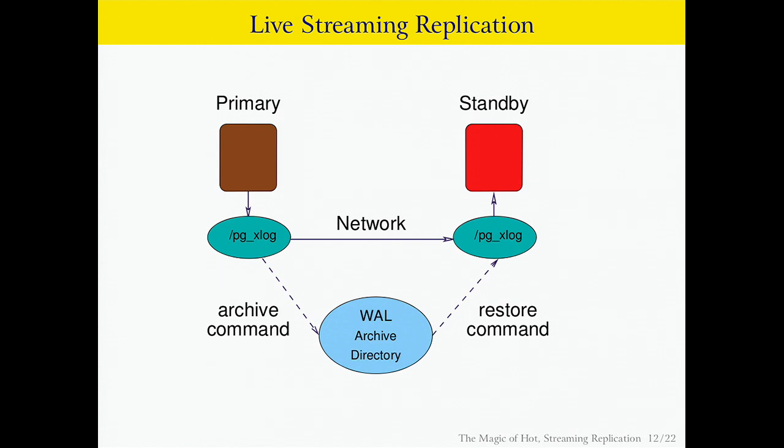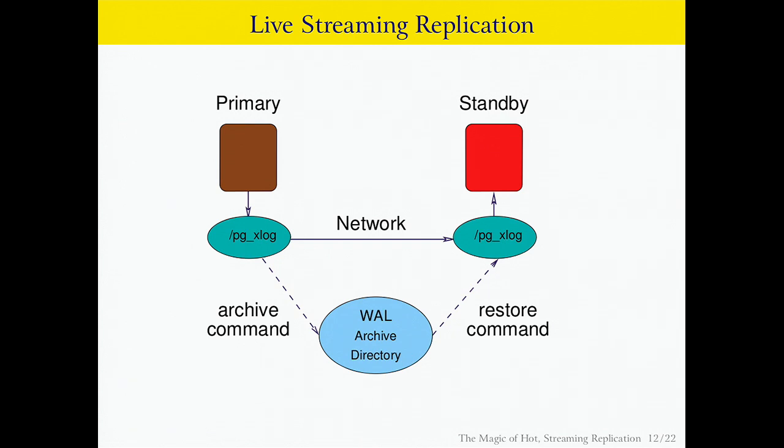You have a primary which is generating write-ahead log records as the database is changing. And those are shipped over via the network to the slave, and the slave is replaying in crash recovery mode all of the activity from the master. So effectively, a standby replication mode is merely perpetually in crash recovery mode.